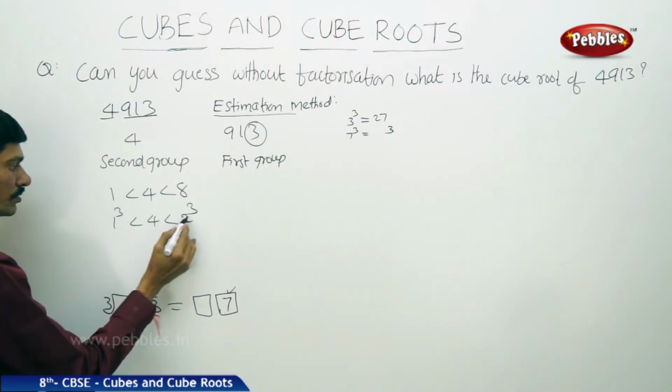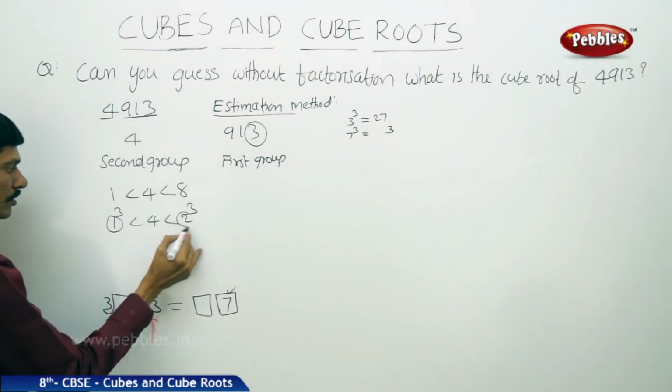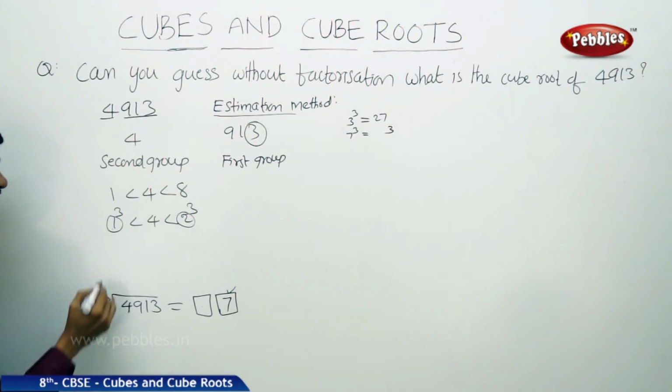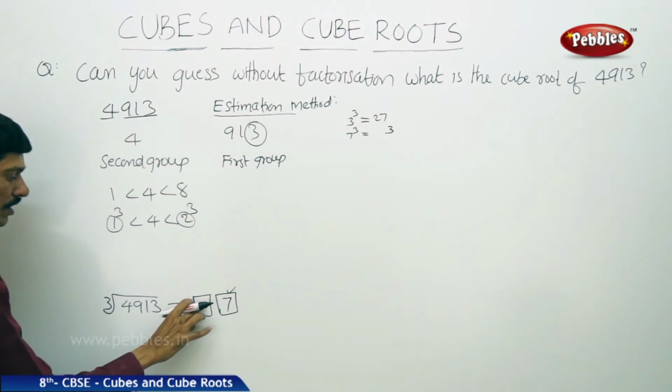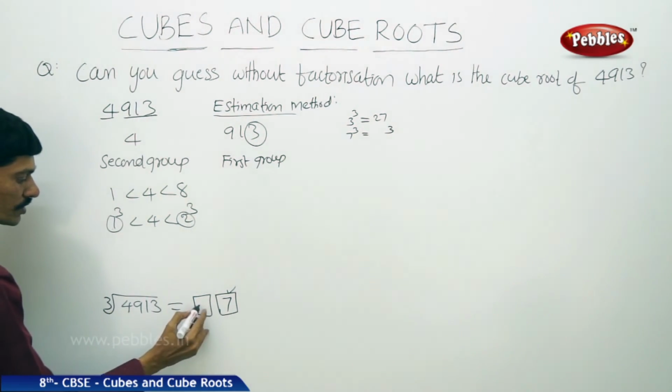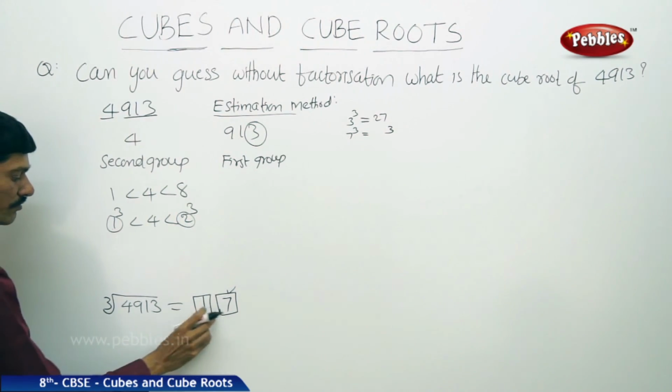In these two numbers, 1 is smaller. In this smaller number 1, the units place is 1. That is the tens place of our required cube root. So the cube root of the required number is 17.